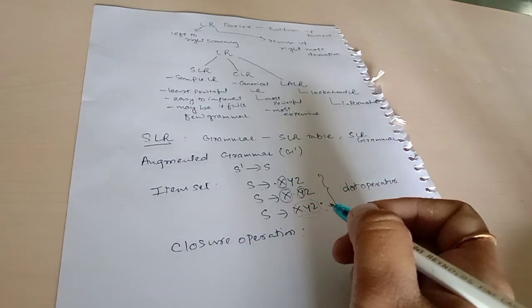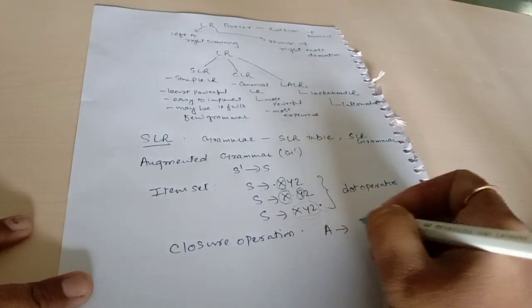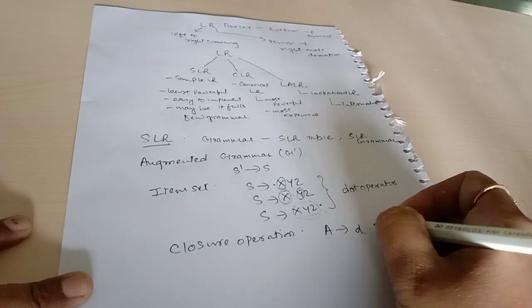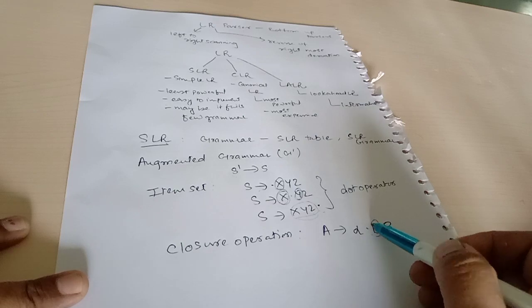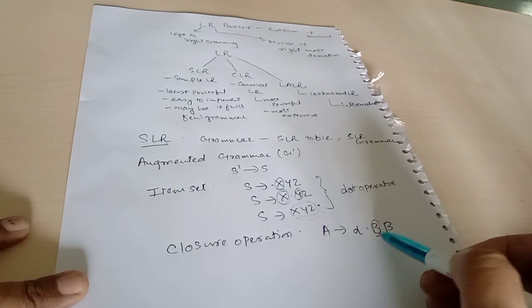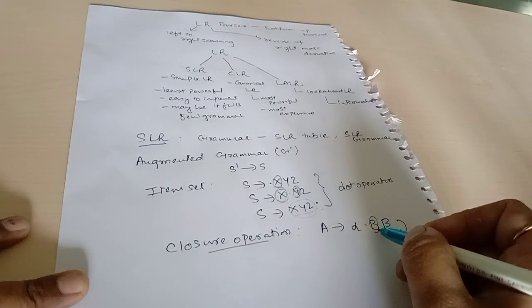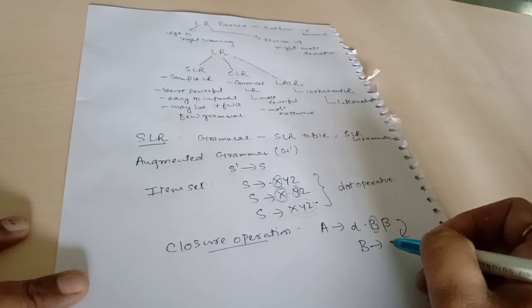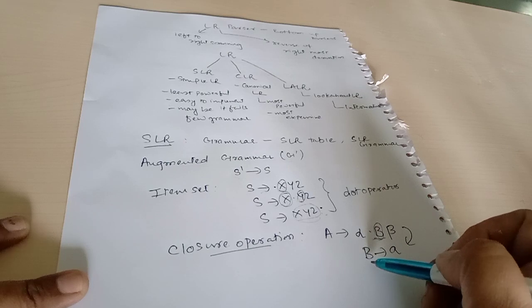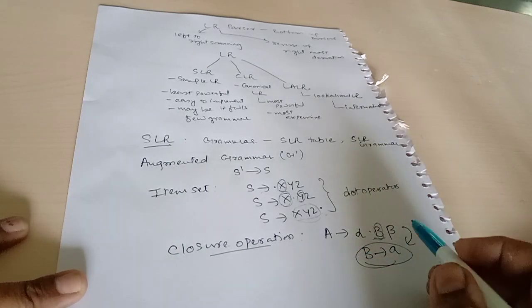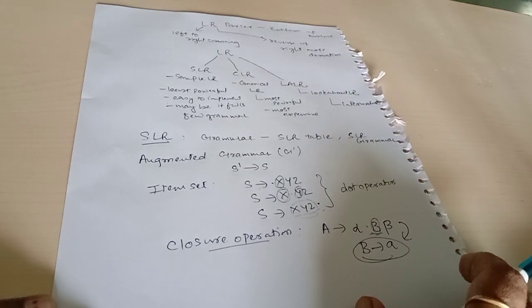Closure operation defines that if there is a production A to alpha dot B beta, so the dot operator is before the non-terminal B, it means that we have to include all the productions of B. For example, if I have a production B to a, then when the closure is applied, we need to include the production B to a in that particular item set. These things we are going to see with the example.